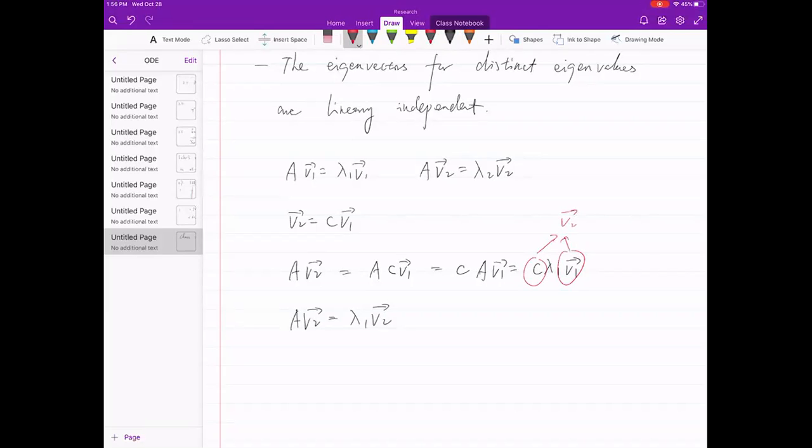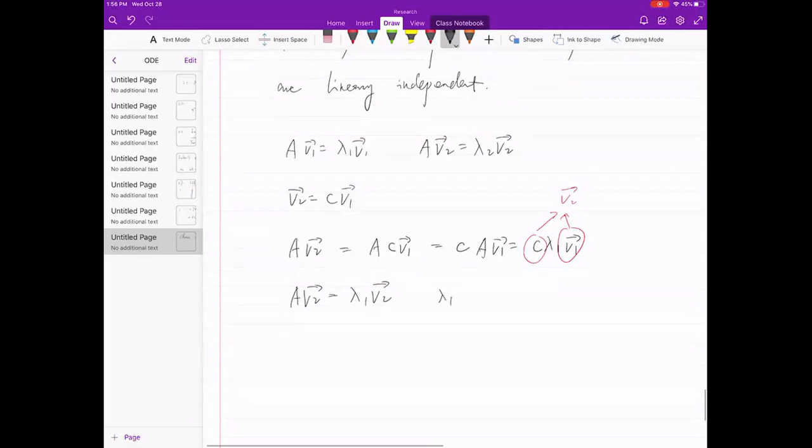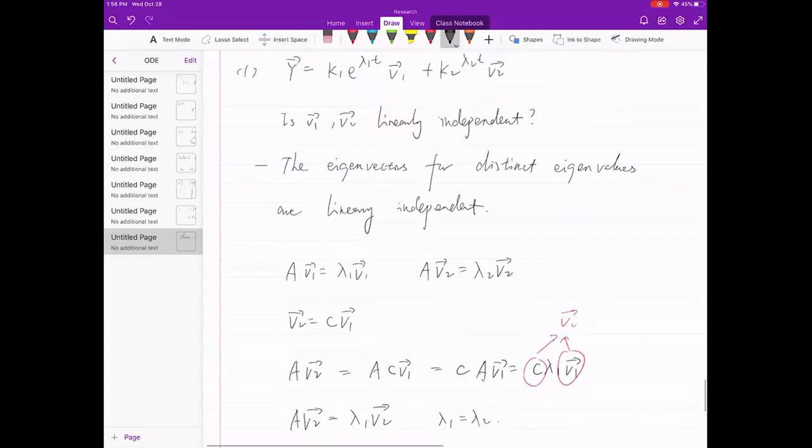Good so far? From this, you have to say lambda 1 and lambda 2 must be the same. Otherwise, V is the eigenvector of lambda 1 and lambda 2 at the same time. It can't happen. So the key here is distinct.